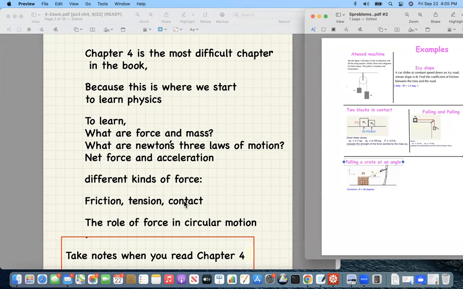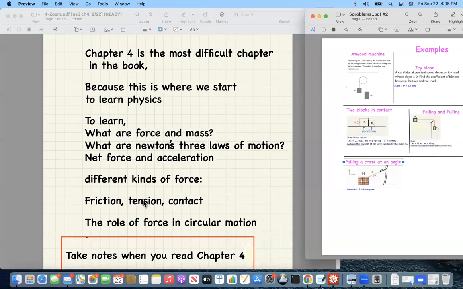And we usually separate the contact force into 2 parts. The normal force, which is perpendicular to the surface, where the 2 objects are in contact. That's the normal force. And then the other direction, the tangential force, that's usually called friction.